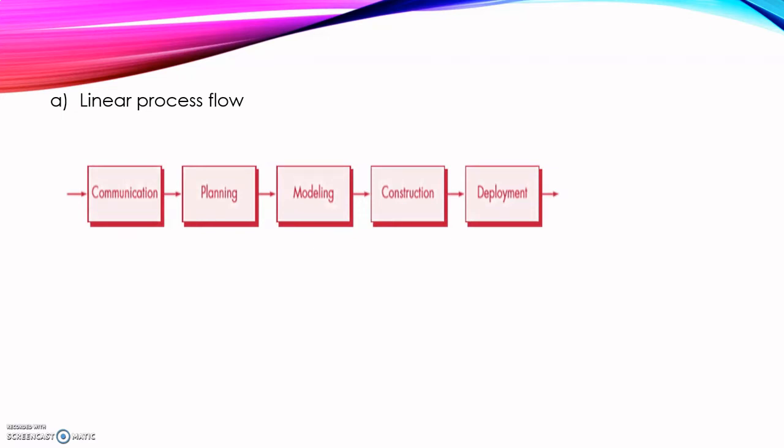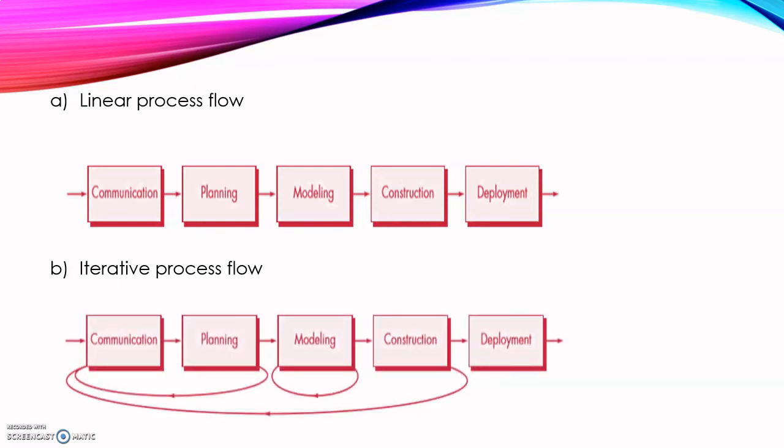Now, the second process flow is iterative process flow. Here, it repeats one or more of the activities before proceeding to the next. So, it keeps on repeating the activities before proceeding to the next activity. Let's see the figure.